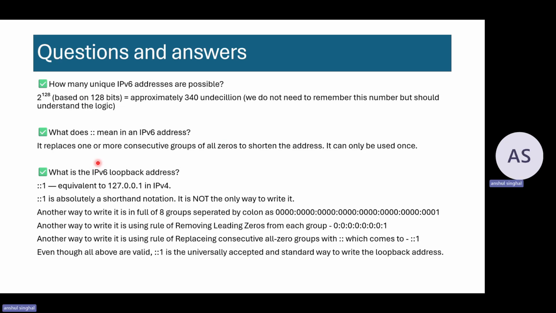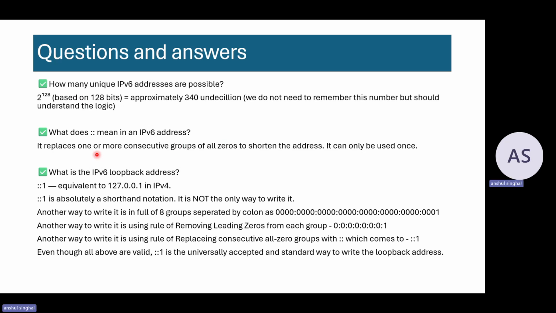And why are we using 2 to the power? Because each bit can be either 0 or 1. So there are only 2 options, right? 0 or 1. And then the total number of positions we have is 128. So that's why we can have 2 to the power 128 unique IPv6 addresses.